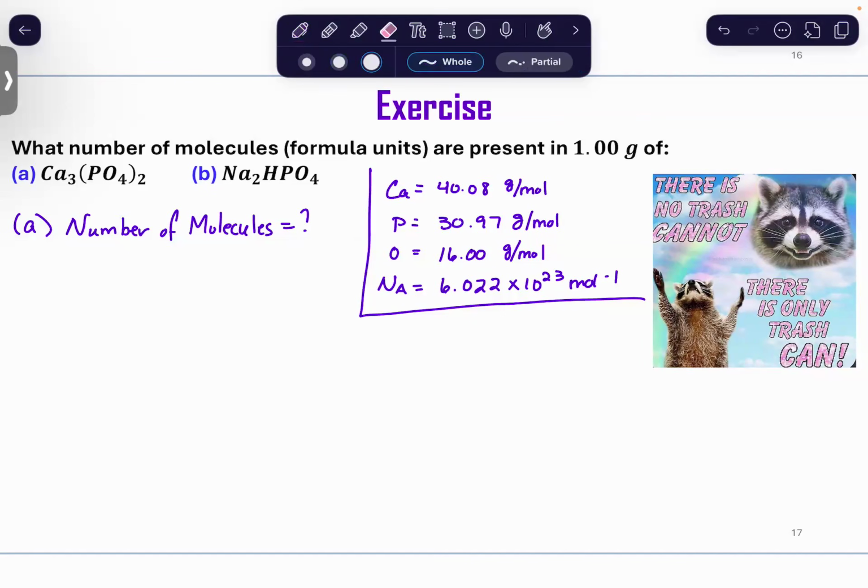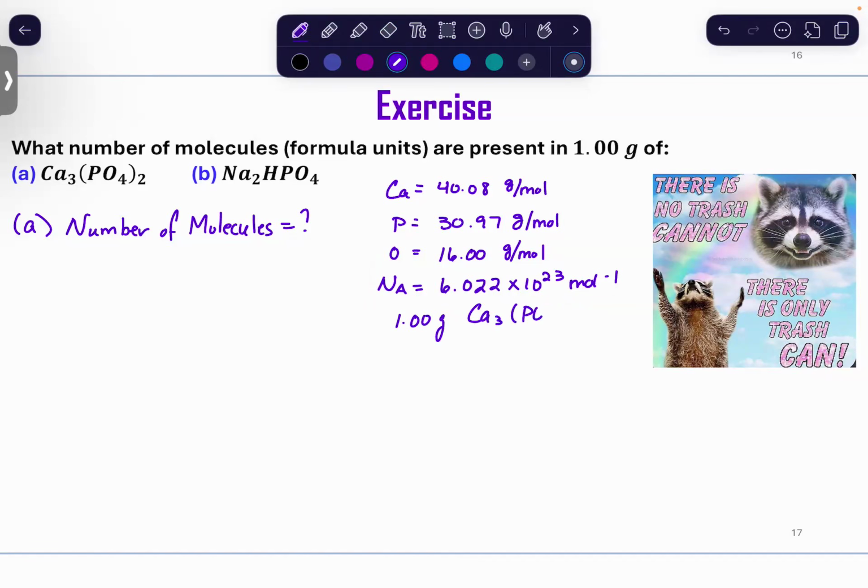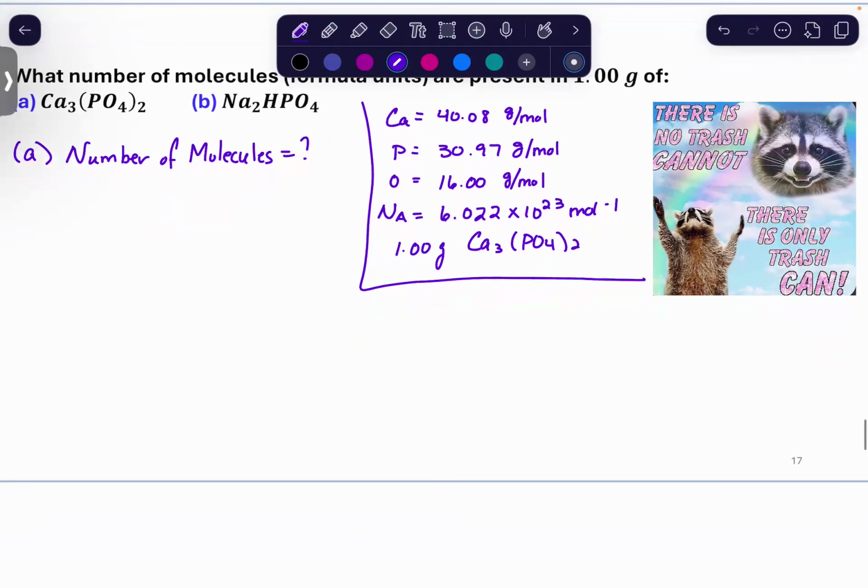Yeah, I have one more thing that I really know. I have 1 gram of calcium phosphate. All right. So that means I'm going to actually need the molar mass of calcium phosphate.